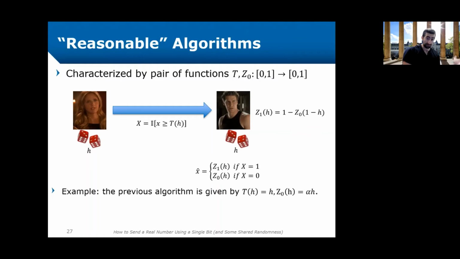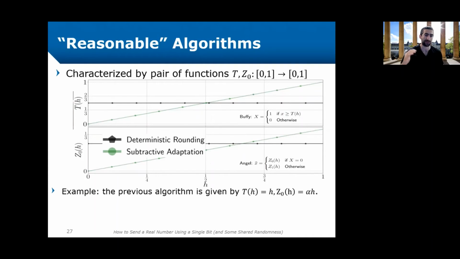For example, the previous algorithm with the convex combination, we can express it as T of H equals H and Z0 of H equals alpha H. So this is what it looks like. Here you have deterministic rounding, which has a fixed threshold of 1/2.